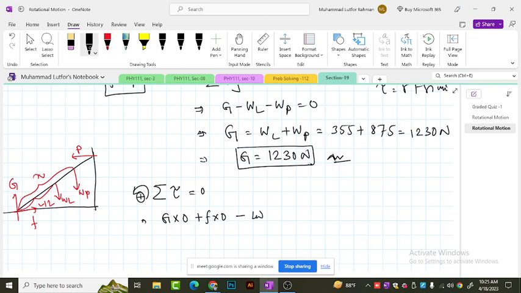This is WL into L by 2 into sine 40 degree, minus WP into X into sine 40 degree, plus P into L into sine 50 degree, equal to 0.